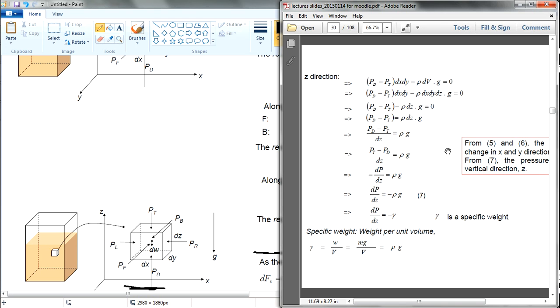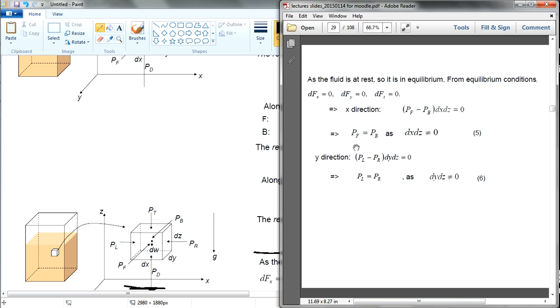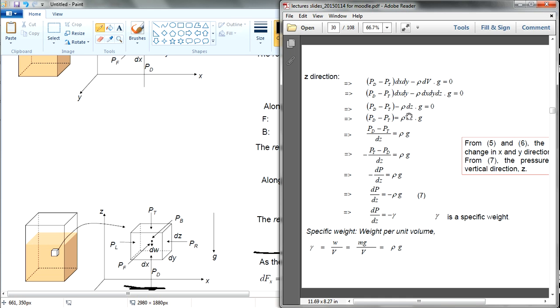Since we have described that the pressures at front and back and left and right are equal, there will be no movement in the x and y direction, and therefore we can take x and y as constants. Because they are the same dx and dy, we can eliminate them.